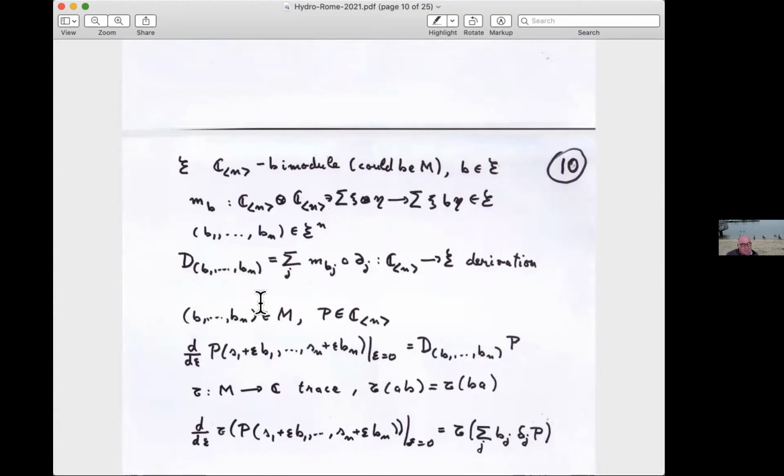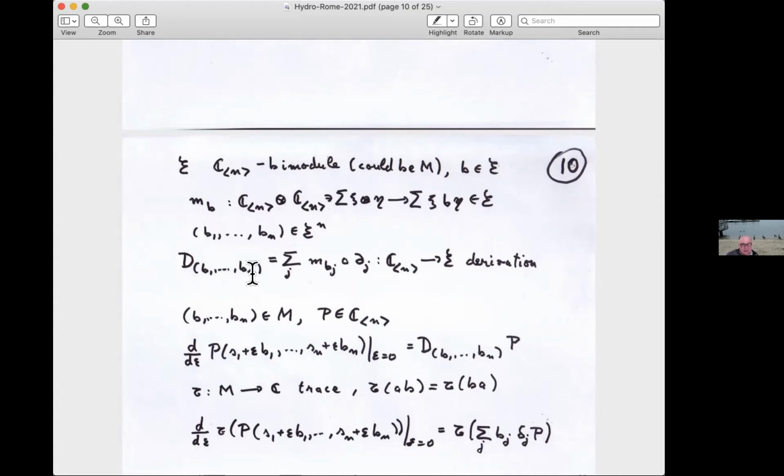Namely, I do the following thing. I start here with Cn, so that's the polynomials, these non-commutative polynomials, think of them as a caricature of functions, polynomials. And I'm taking this partial free difference quotient, and then I'm inserting, instead of the tensor there, the Bj, yeah?